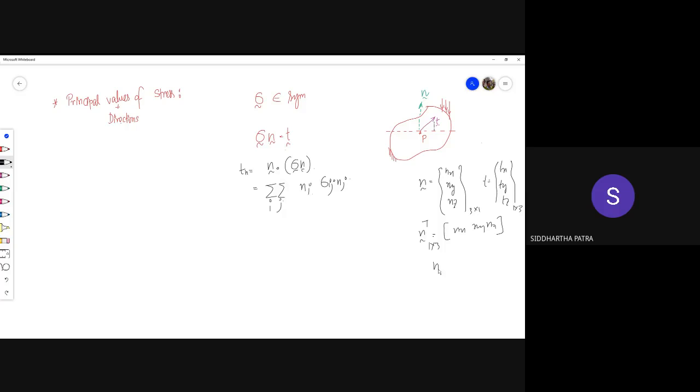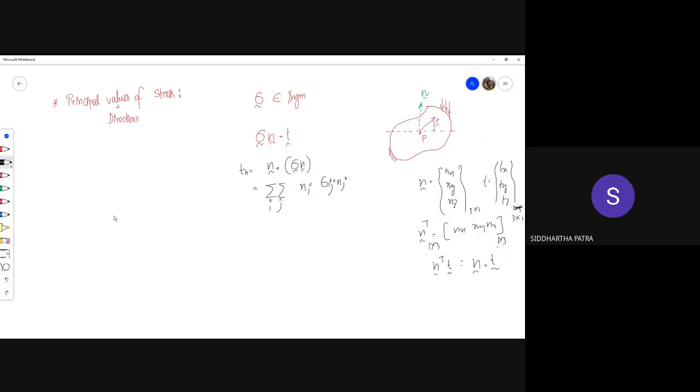And when I do n transpose times t, it is basically multiplying a 1 by 3 matrix with a 3 by 1 matrix. And simply by using the rule of matrix multiplication, it turns out to be nx times tx plus ny times ty plus nz times tz, just a single term, because the resulting matrix is 1 by 1. And that essentially is the dot product of any two vectors. So dot product is simply n transpose t.